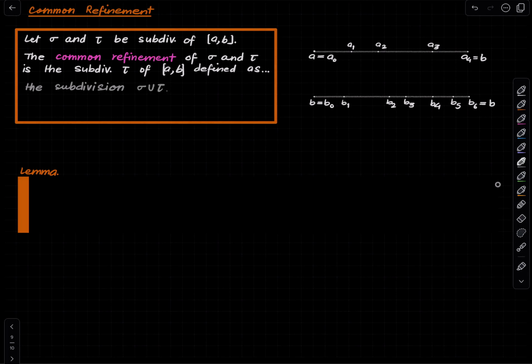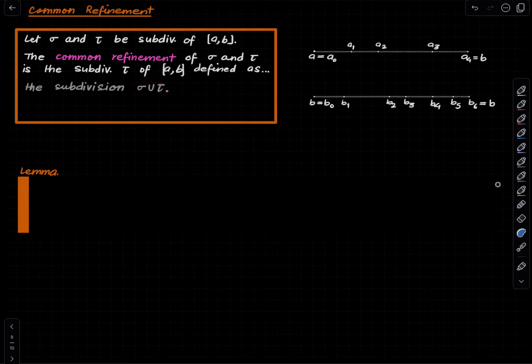Now what am I saying? For this definition, think of sigma as a finite subset of a comma b rather than an ordered thing. It's just a finite subset of a comma b which contains the left and the right endpoints, and similarly for tau. So you can take their union and you again obtain a finite subset of a comma b which contains the left and the right endpoints. So that is the common refinement of sigma and tau.